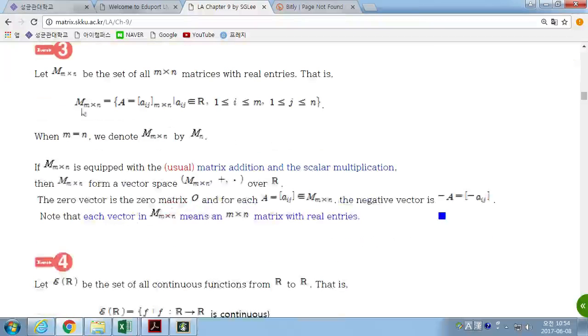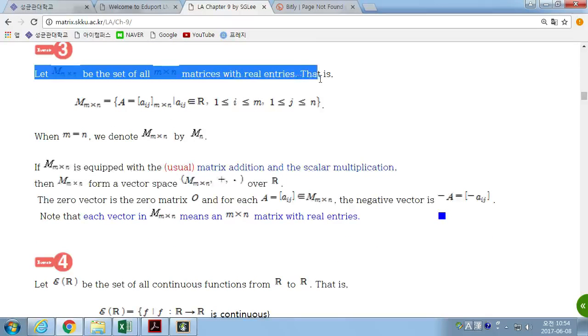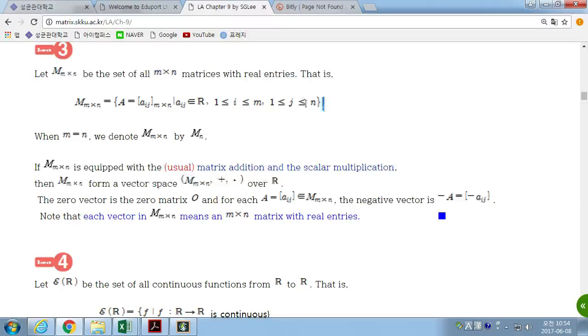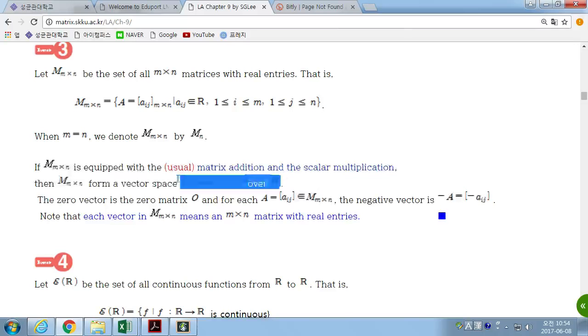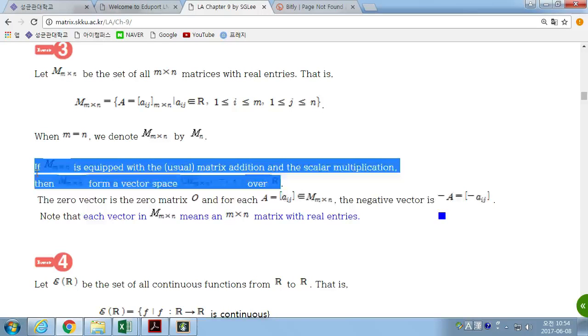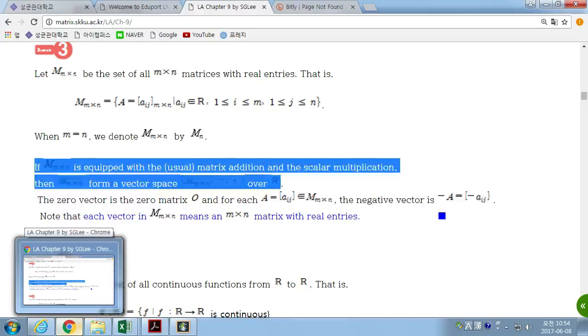Set of n by n matrices. Set of all n by n matrices. If we define the usual matrix addition and scalar multiplication like before, then it satisfies all 10 properties. Addition of 2 n by n matrices is another n by n matrix.